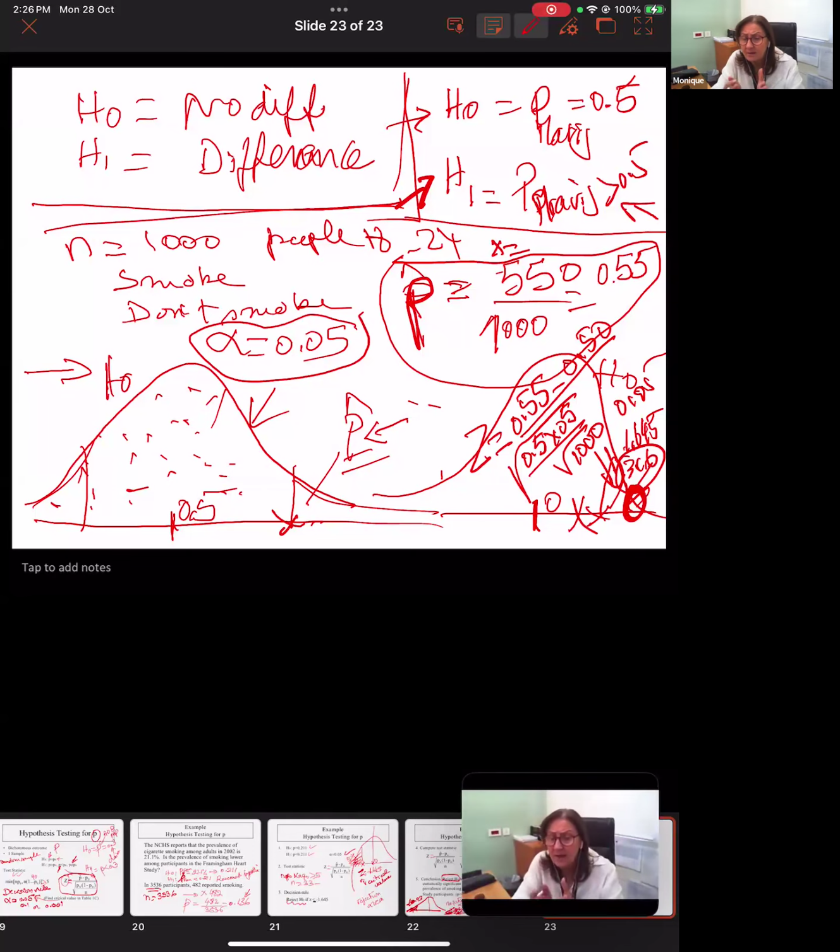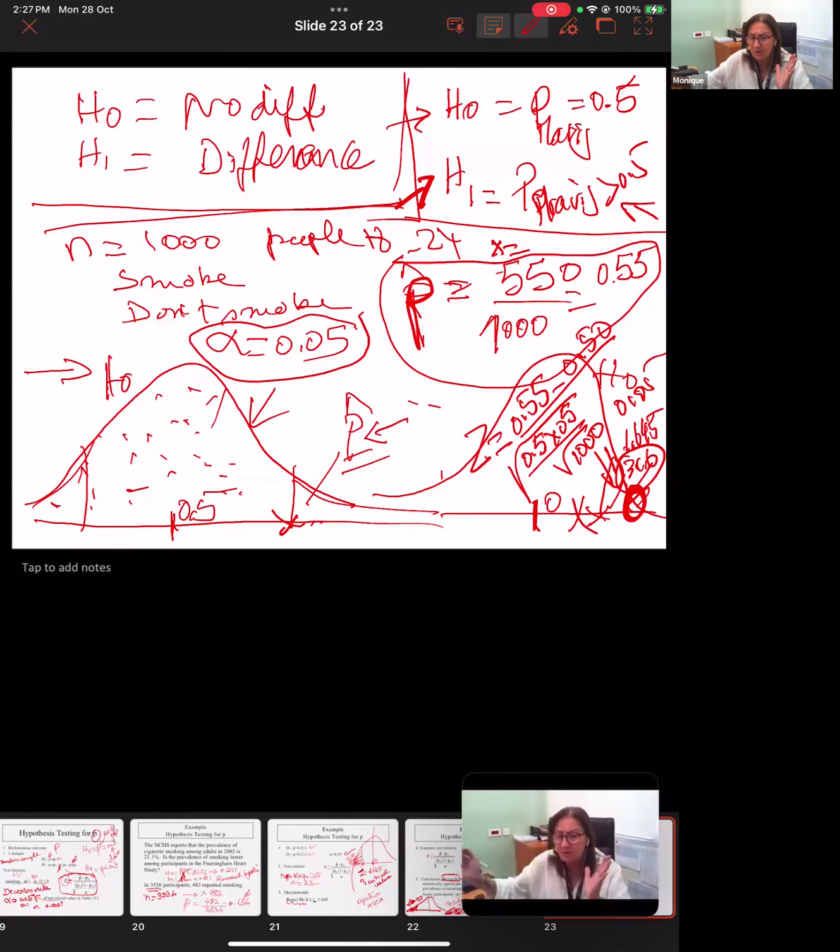When that difference becomes bigger and bigger, in terms of Z or in terms of absolute difference, so if you have 0.5 and then you get 0.7, that is really large. But the most important is how far the distance is in terms of Z, in terms of standard deviations.